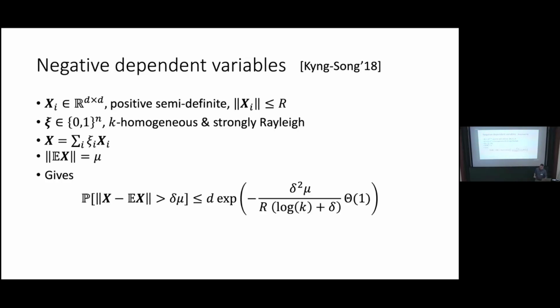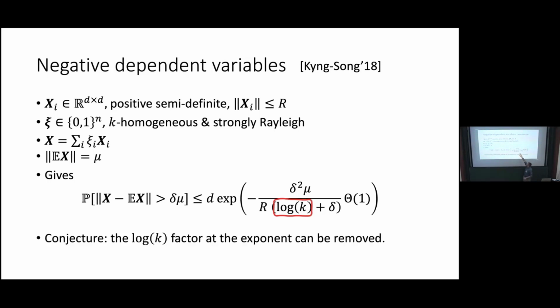We denote the spectral norm of the expectation with mu, and they prove this bound, which is similar to the one for independent random variables. Actually, the difference is this log k here, but in the same paper, the authors also conjecture that this log k may be an artifact of the proof and should not be there.